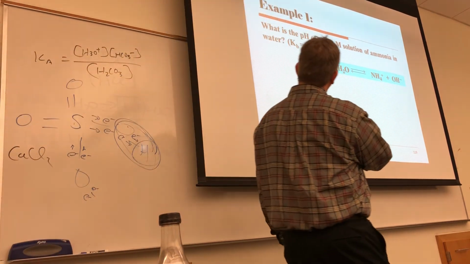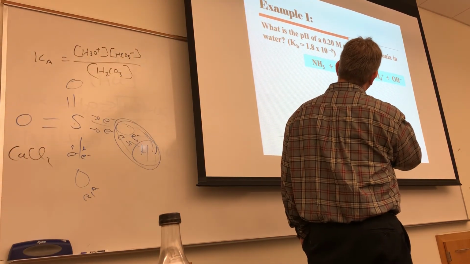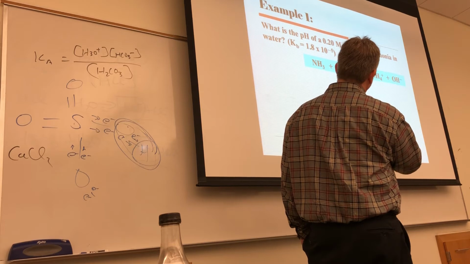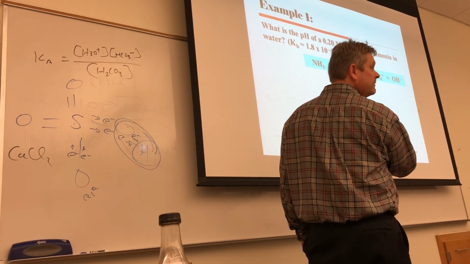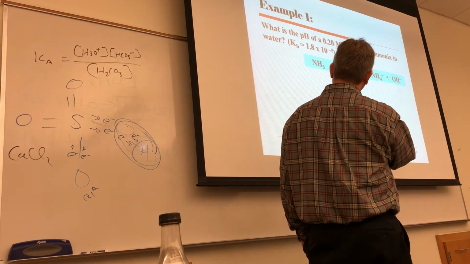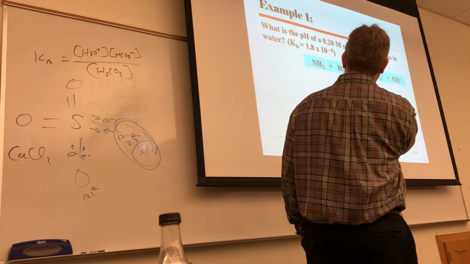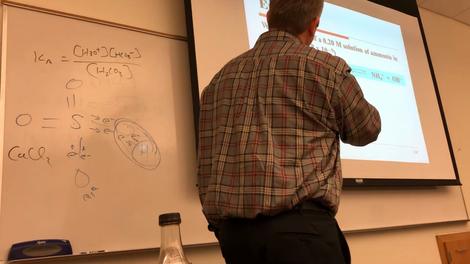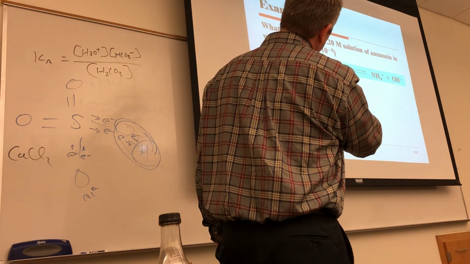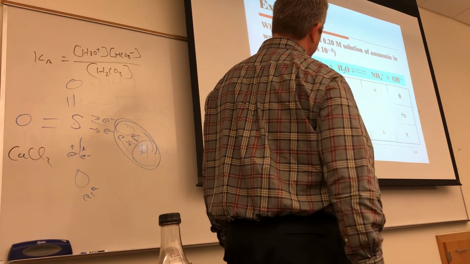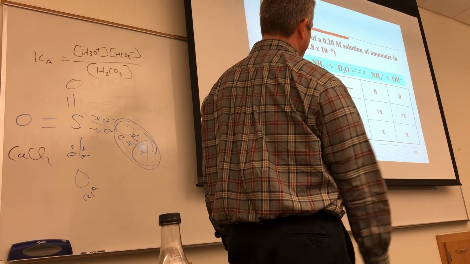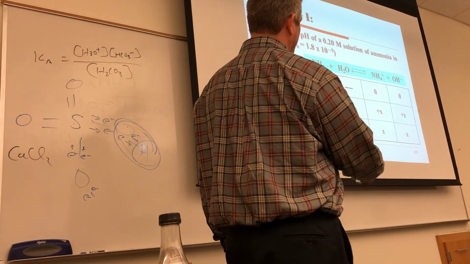So I start here with, what am I starting with? 0.2 molar, 0, 0, minus X, plus X, plus X. So 0.2 minus X, plus X, plus X equals this. Kb equals X squared divided by 0.2 minus X. X is so small, is that going to matter?